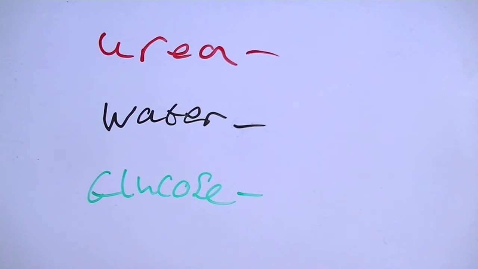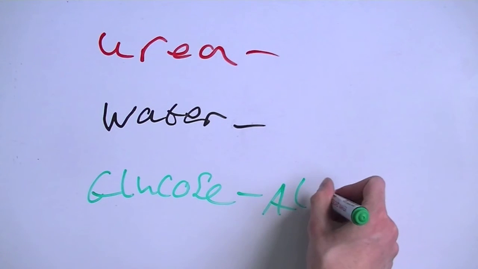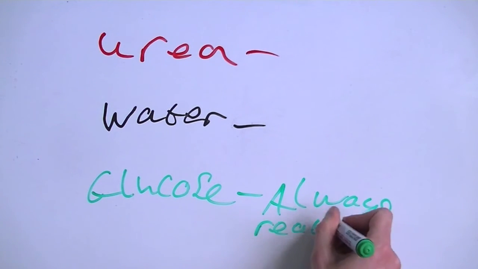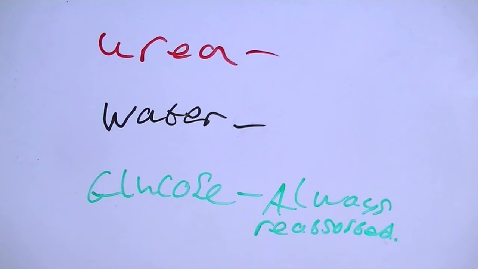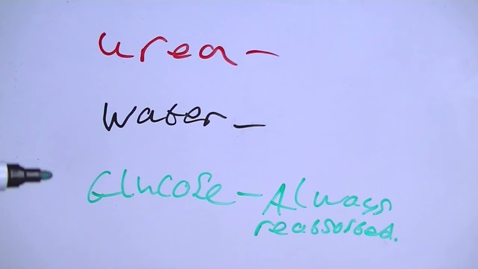So, glucose is always reabsorbed. And glucose is always reabsorbed because it's used for respiration. It's used to make your energy, your ATP energy, which you need in your body to keep going. So glucose is very, very important to the body, and it's always reabsorbed.